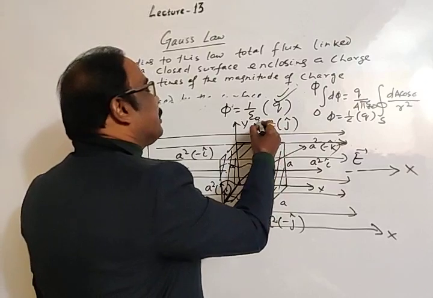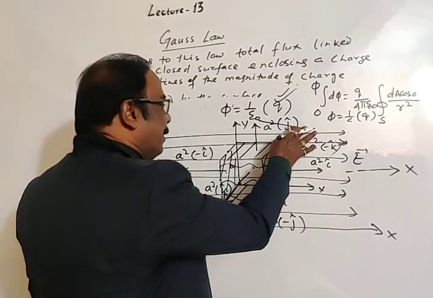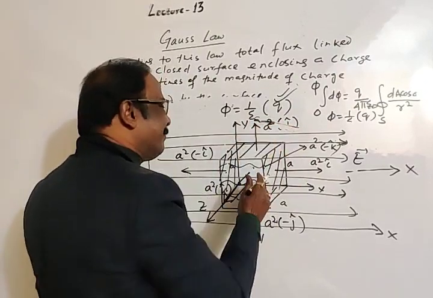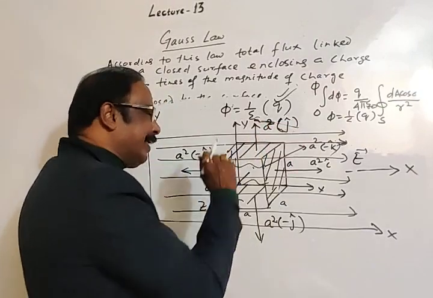Then A square j cap and A square minus j cap will get cancelled, but we are considering electric flux.